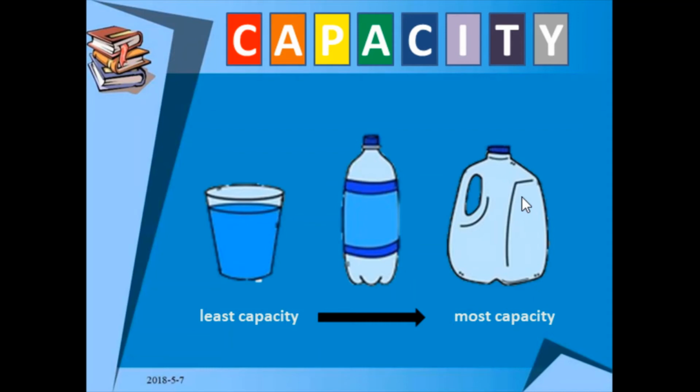That is what we mean by capacity. How much liquid you can put inside a container. How much can it hold and how much can it sustain? It's the concept of capacity.